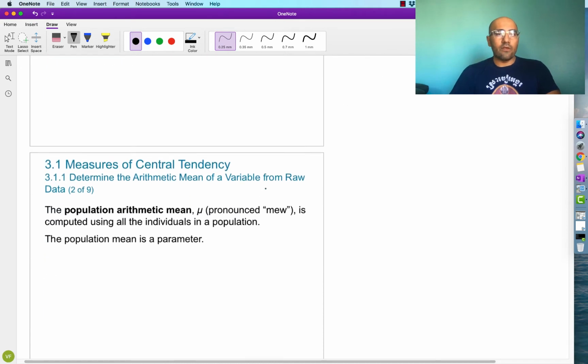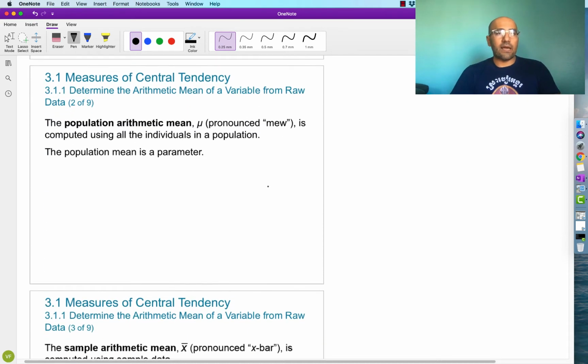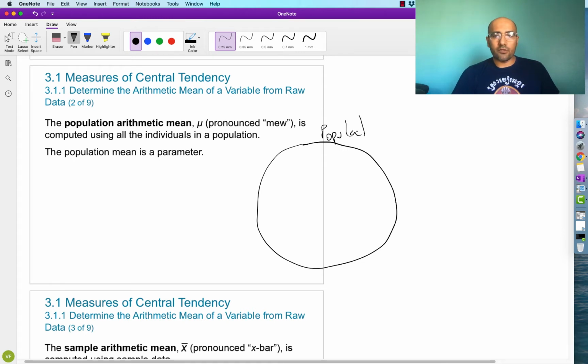The first thing we have to do is identify that in statistics, we are always going to have a population that we deal with, and we're going to have samples of that population. Usually the population is very large.